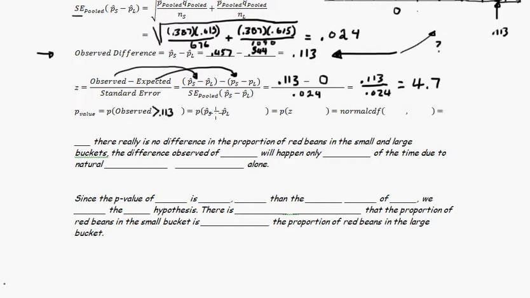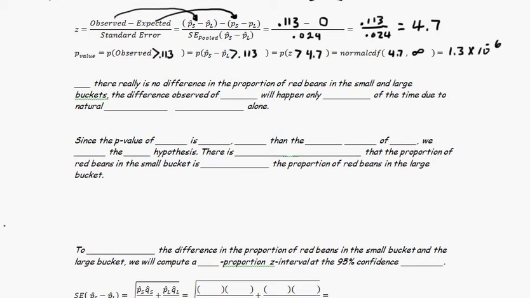So the observed value is just this difference using notation, and that's equivalent to z being greater than 4.7. So we have 4.7 out to infinity, and that's going to be 1.3 times 10 to the minus 6. So essentially 0.